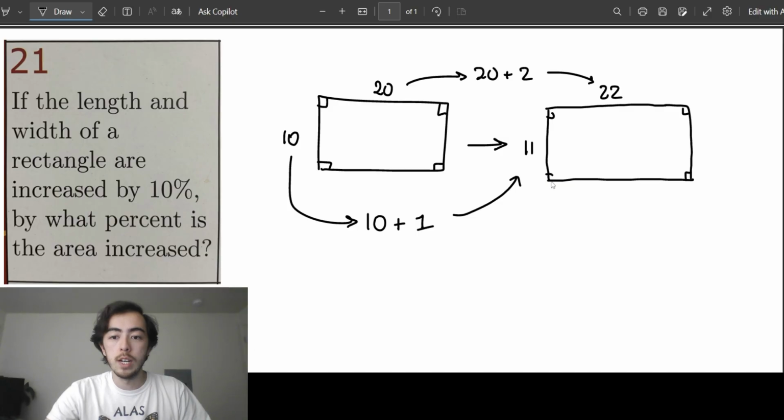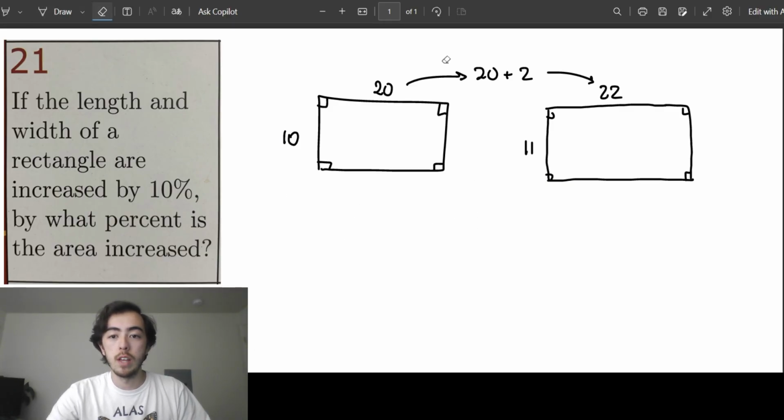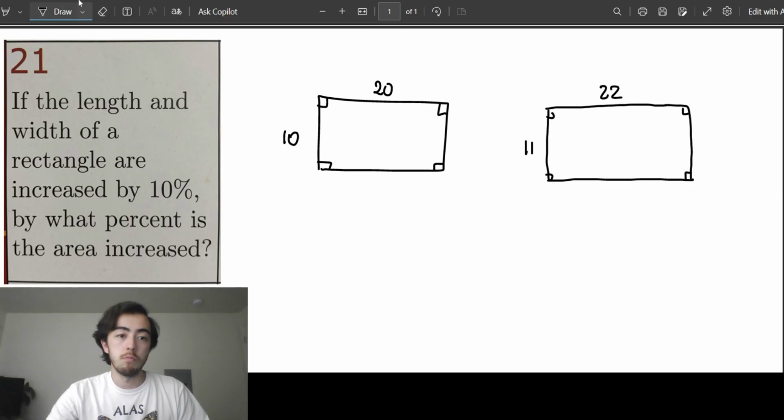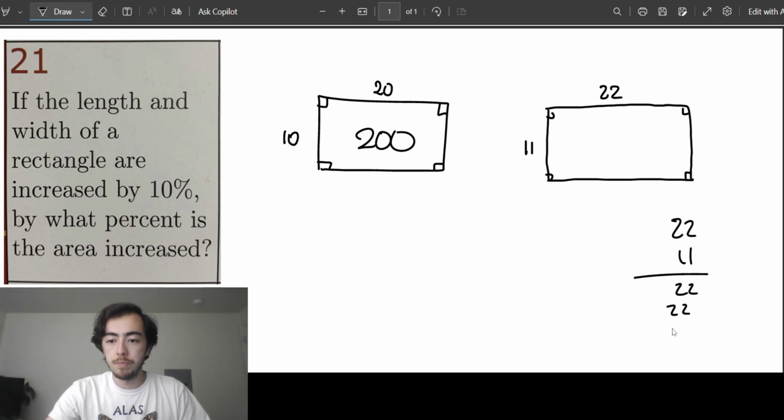So all we have to do is compare the areas of these two rectangles and see what percent increase we get. So the area here is just 10 times 20, which is going to be 200. And the area here is 22 times 11, which is going to be 242.